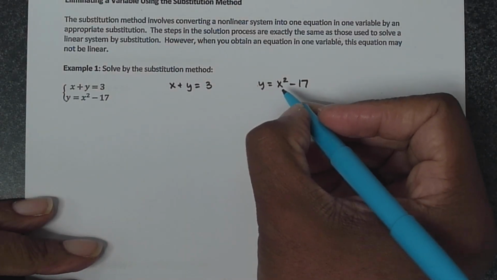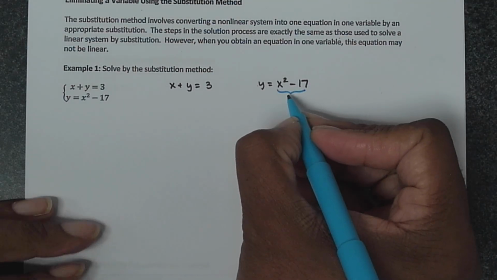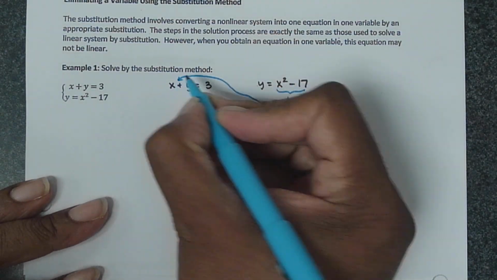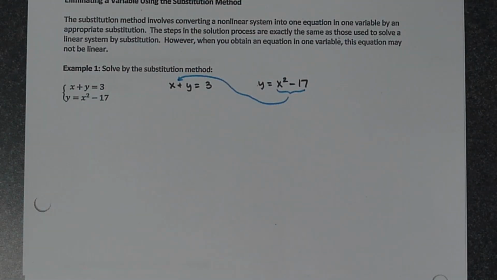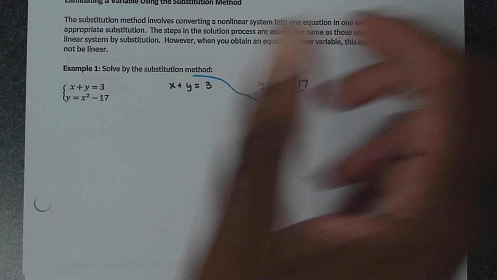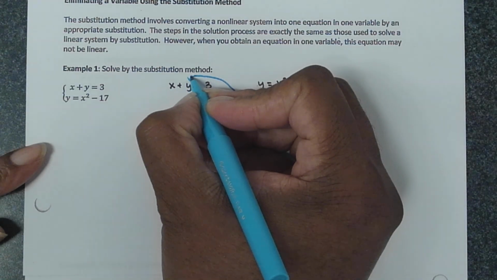Well, since y is equal to x squared minus 17, I'll take this x squared minus 17 and substitute it for the y in the other equation, because y is equal to that, and I want to substitute for this y right here.